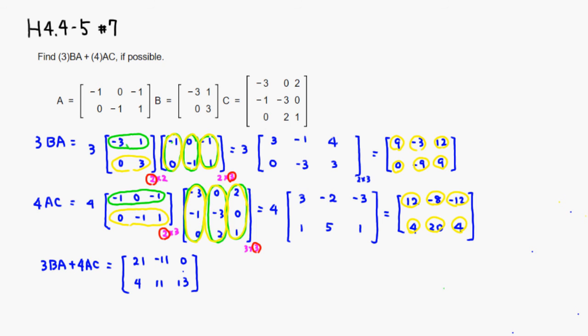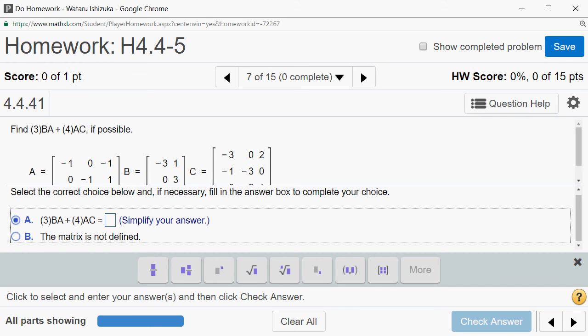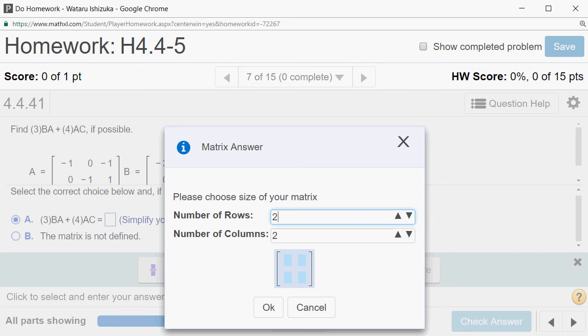Let's type this in. We have to put in a matrix, and it's a 2 by 3.